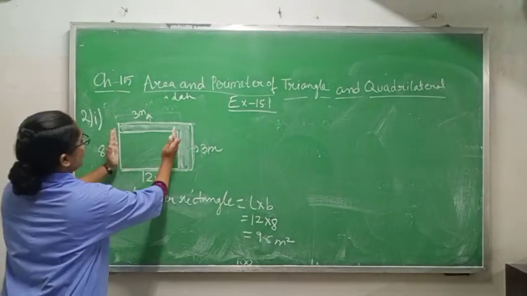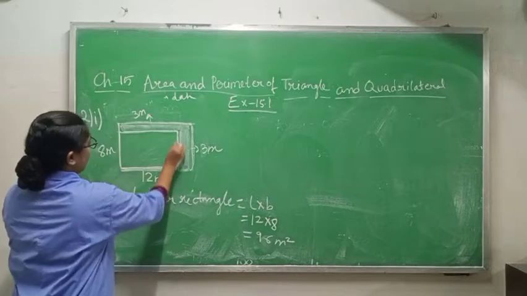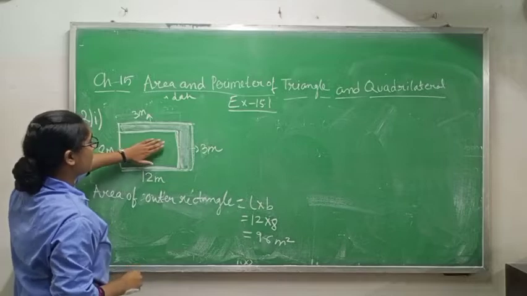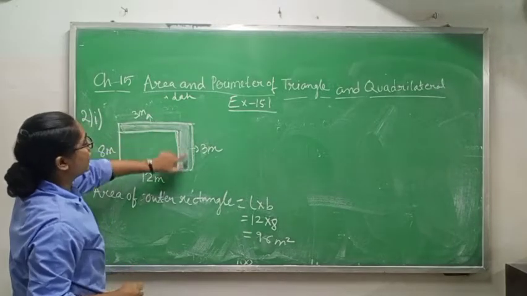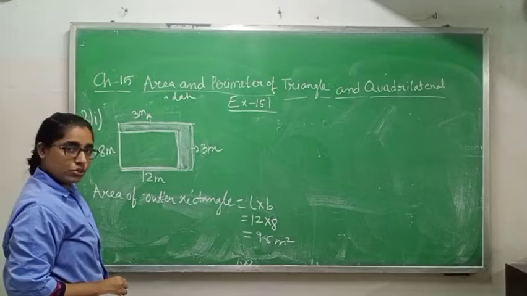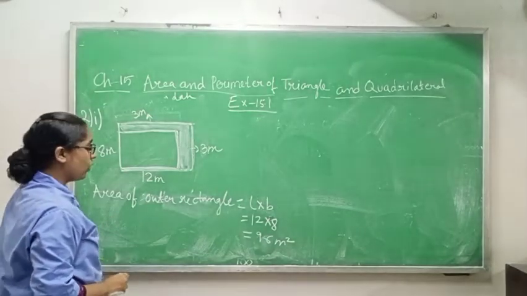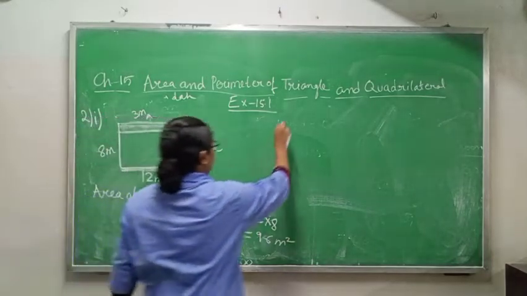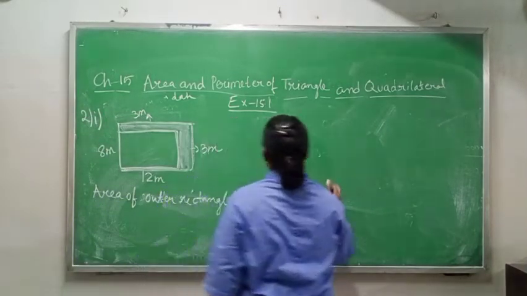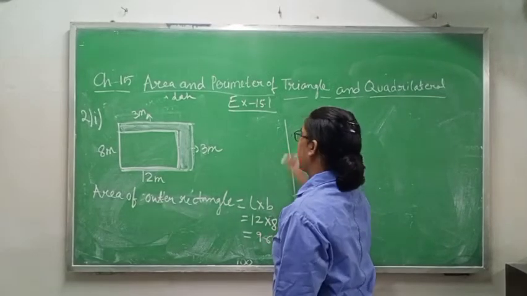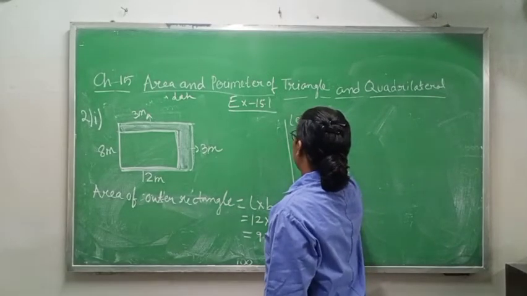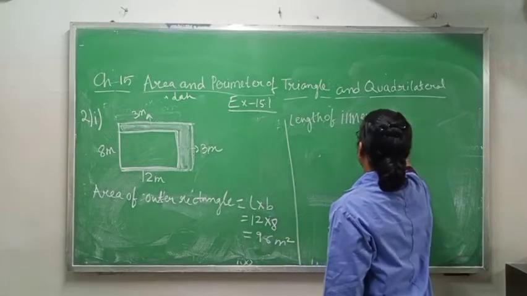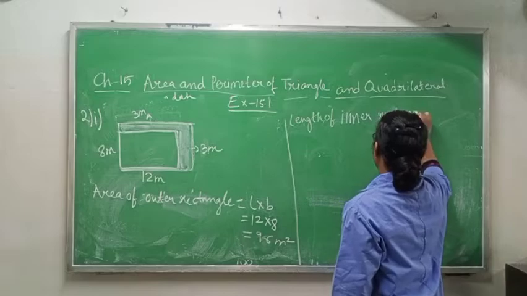If you find the area of this small rectangle, the inner rectangle, and subtract it from the area of the outer rectangle, you will get this colored region. Understood this one? So first I am finding area of outer rectangle, then I have to find area of inner rectangle. But before that, I have to find the length of the inner rectangle.